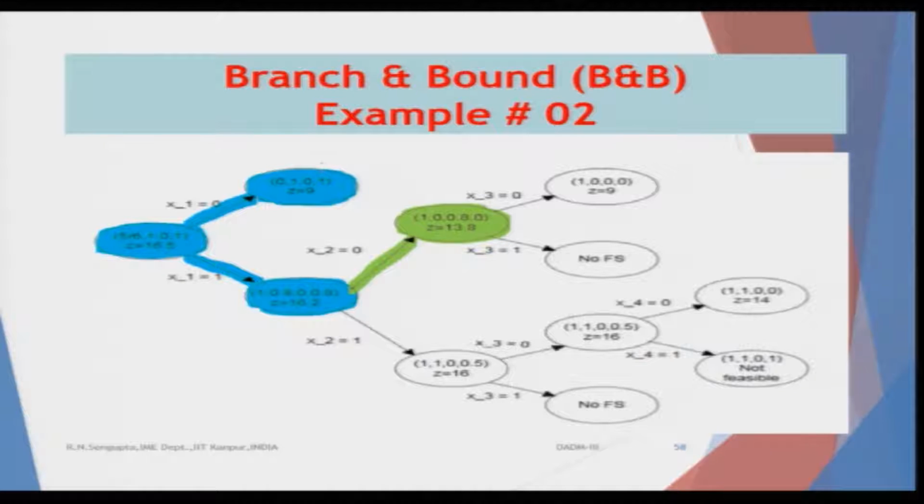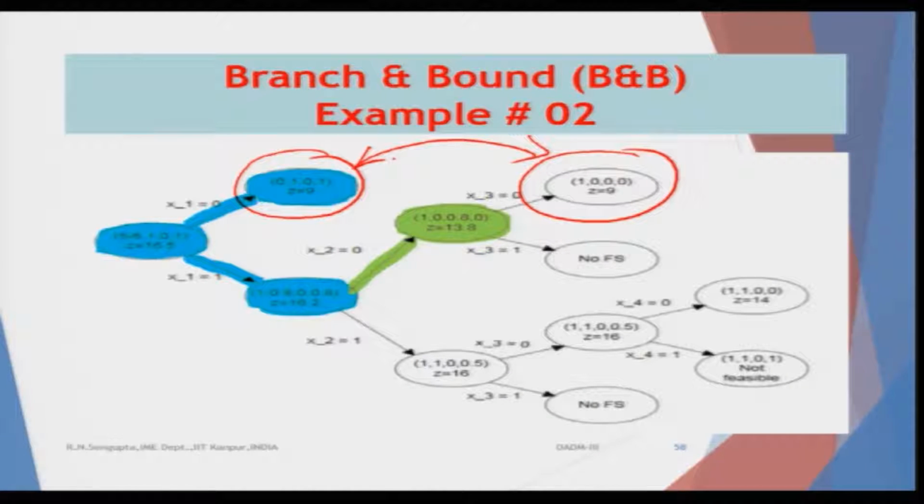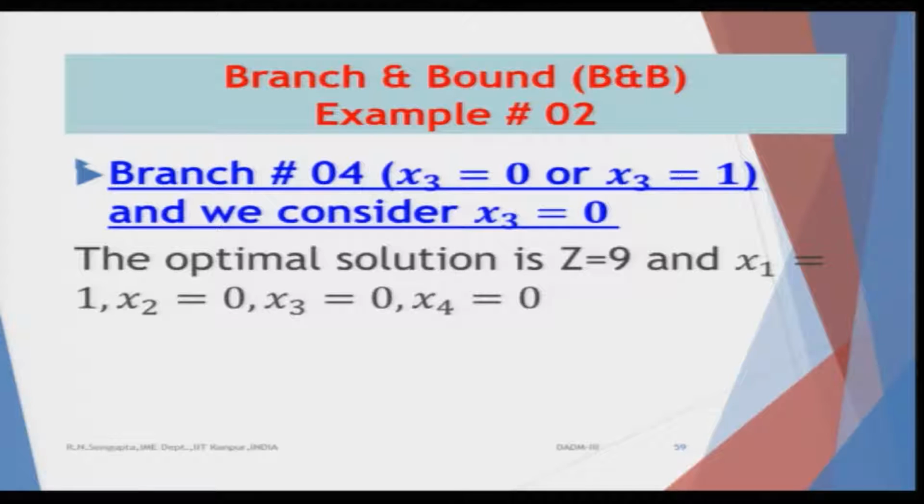See here the value which you are getting, z 9 and x 1, x 2, x 3, x 4 as respective values of 0, 1, 0, 1, and this also z as 9, with the respective values of x 1, x 2, x 3, x 4 as 1, 0, 0, 0. This is a very interesting fact we will compare later on. I wanted to just highlight this as a matter of fact as we proceed with the problem, nothing to do with the general branch and bound technique as such. The optimum solution z is 9 and x 1, x 2, x 3, x 4 values are respectively 1, 0, 0, 0.